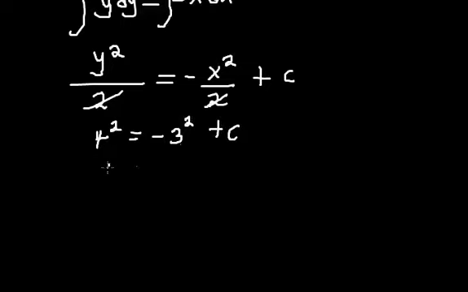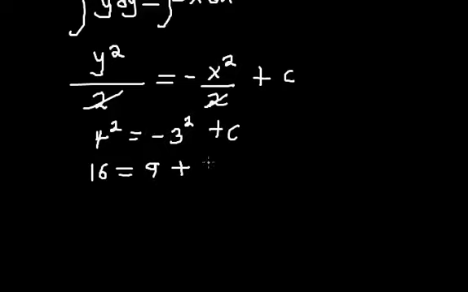So now this is going to be 16, and of course this is going to be minus 3 square. Okay, of course that will be plus 9. That will be 9, right? Plus c.